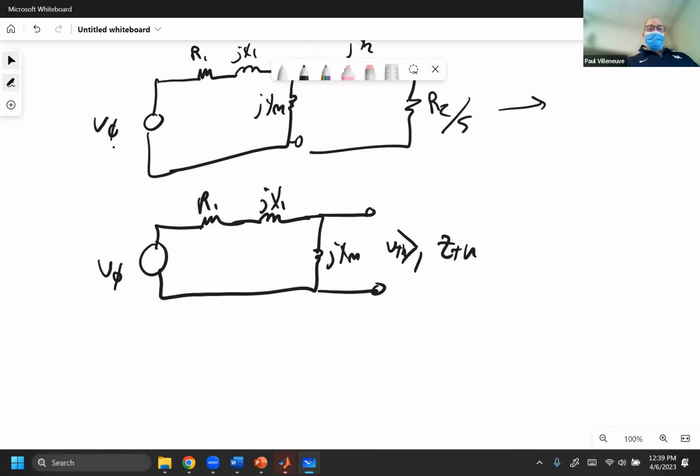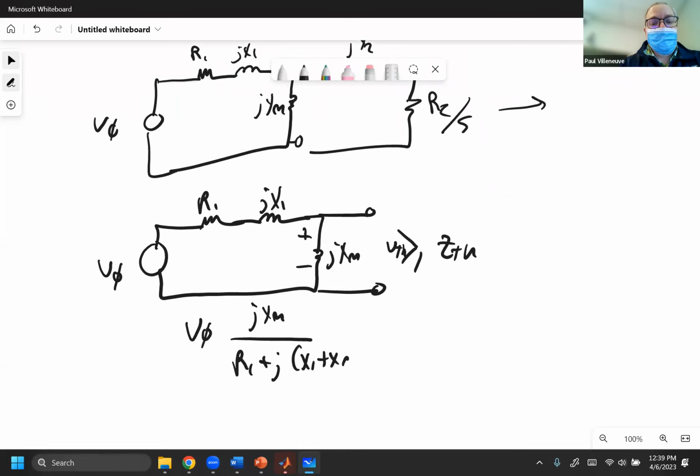V Thevenin, hopefully you can see, is the voltage drop across JXM. That's voltage divider, right? So we do voltage divider. It's the applied voltage across the series elements multiplied by the impedance of interest divided by the sum of the impedances. That is the Thevenin. Does that ring a bell?